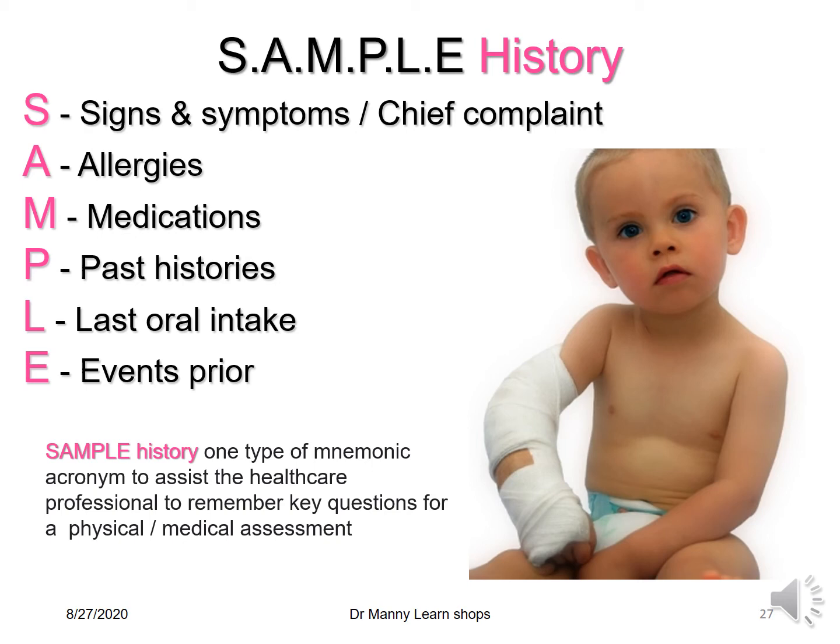E, any events leading up to the event. So the SAMPLE history is just one type of mnemonic acronym to assist any healthcare provider or professional to remember key questions for a physical or a medical or nursing assessment.